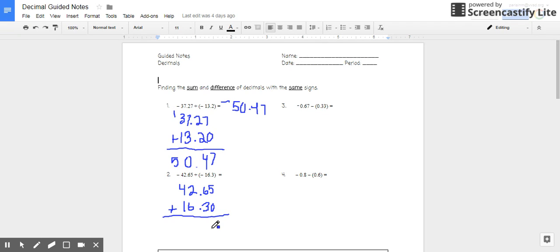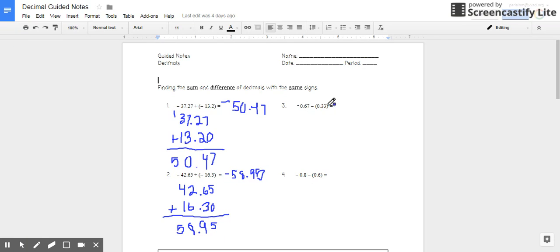Next, 5 plus 0 is 5. 6 plus 3 is 9. Carry down the decimal. 6 plus 2 is 8. And 4 and 1 is 5. So now I'm going to write my answer. I have a negative 58 and 95/100.